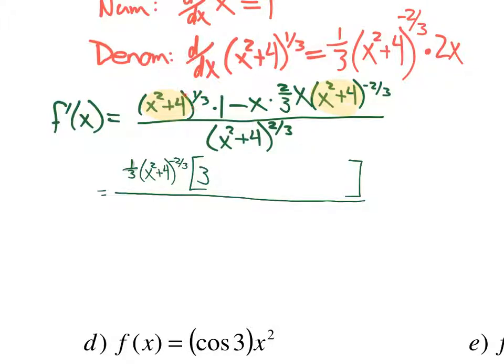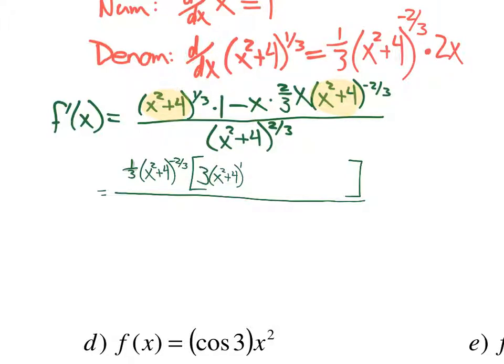Now, I want to end up with a 1/3 exponent here when I multiply this into this first term. That's right, yeah. So we are going to have the x squared plus 4 to the first power, because negative 2/3 plus 1 will give me the 1/3. So that's kind of nice. That turned out pretty nice.